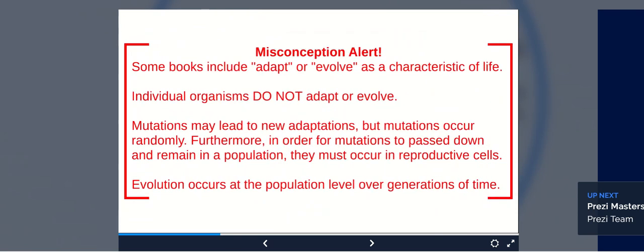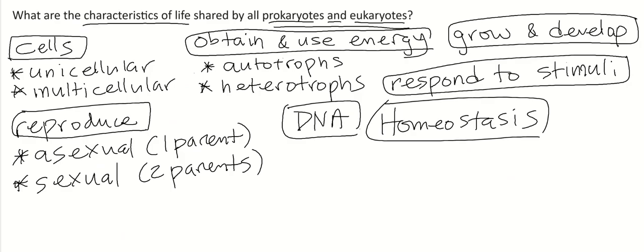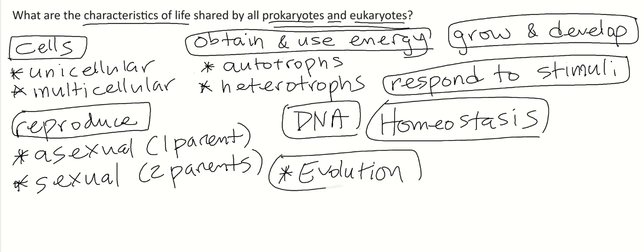All right, and finally, evolution. In a lot of textbooks, evolution is a characteristic of life. I want to add that, but we'll add that with an asterisk. Let me tell you why. It's true.